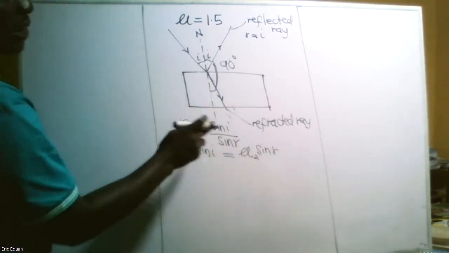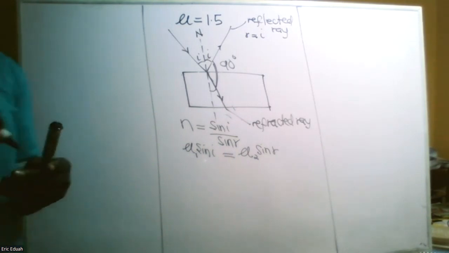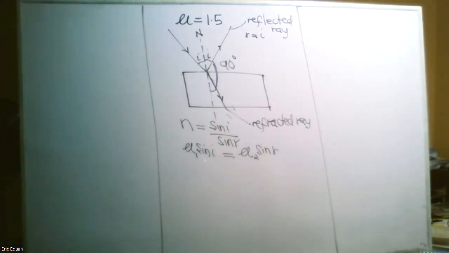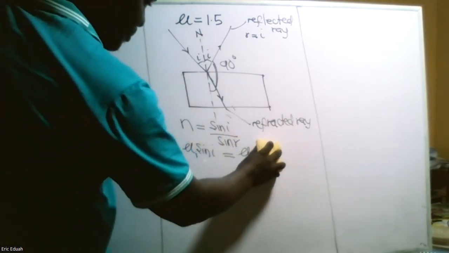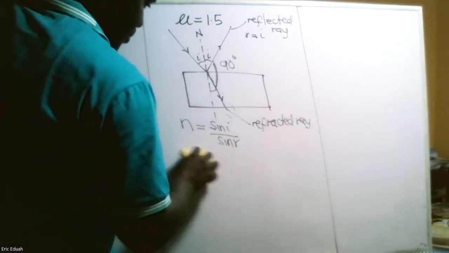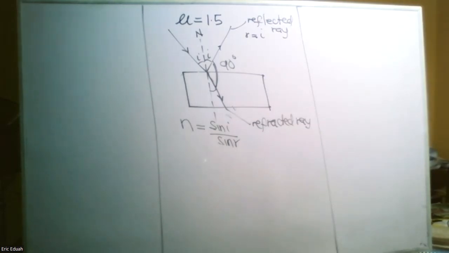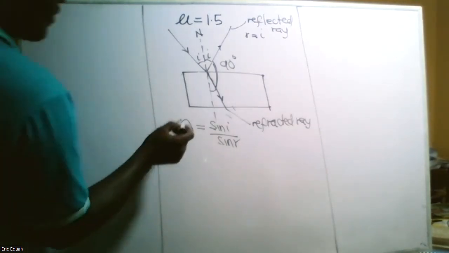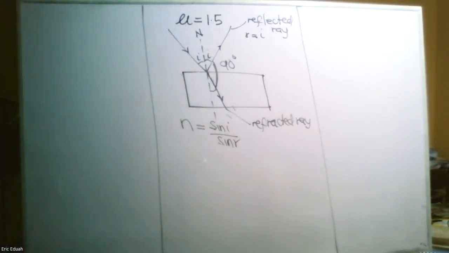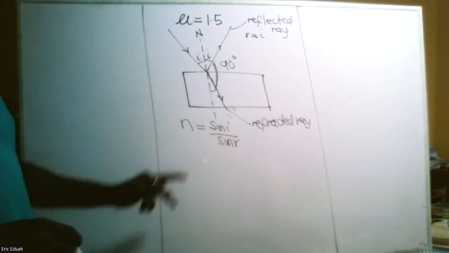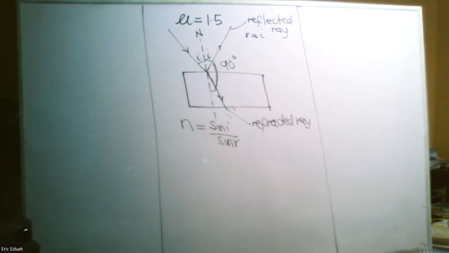So either you use this or you use this. Both of it must give you the same results. Please, are we okay? Yes. All right. So we have the refractive index, 1.5. The bone of contention now is to determine R.